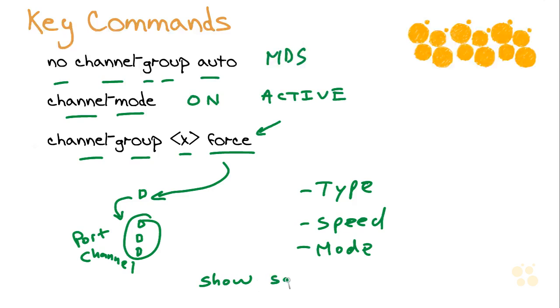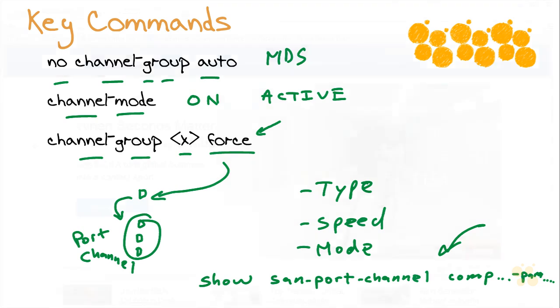It's show san-port-channel compatibility-parameters. This particular command is money for us, isn't it? To verify which parameters need to be checked in the particular configuration.